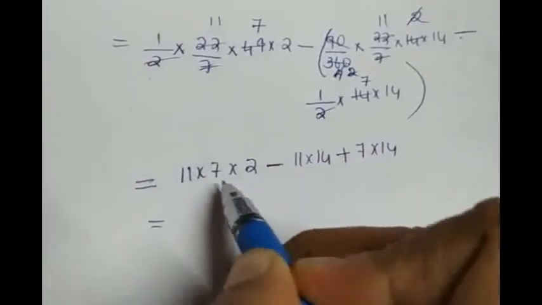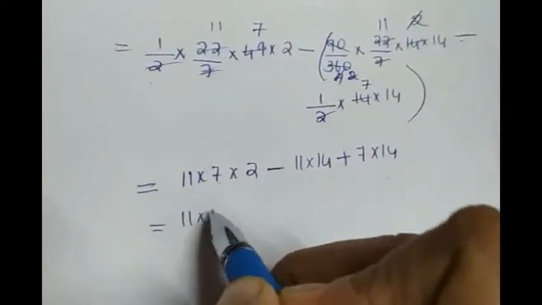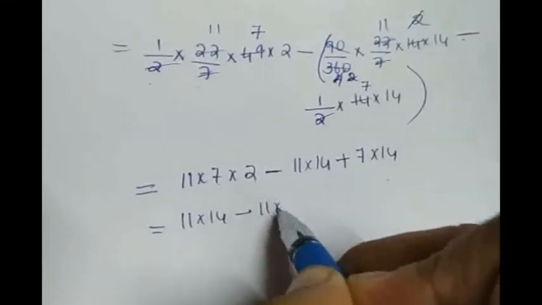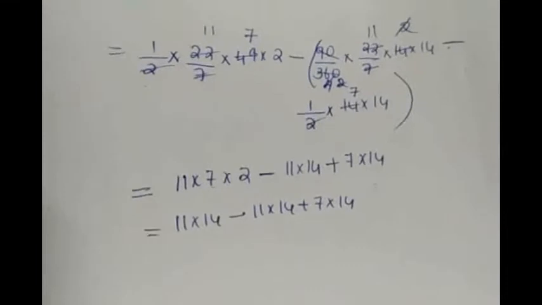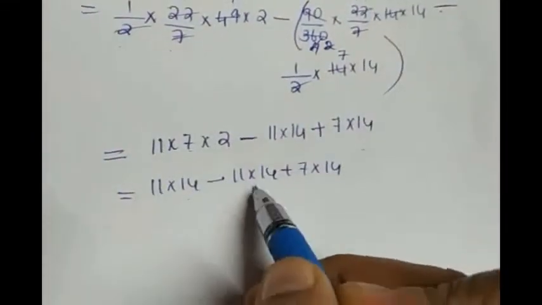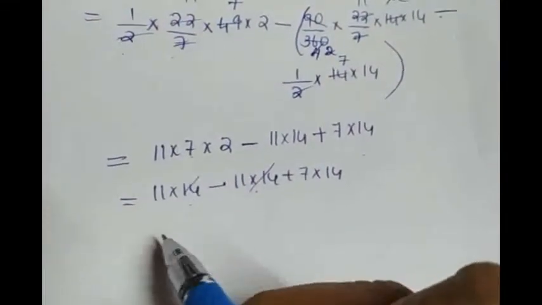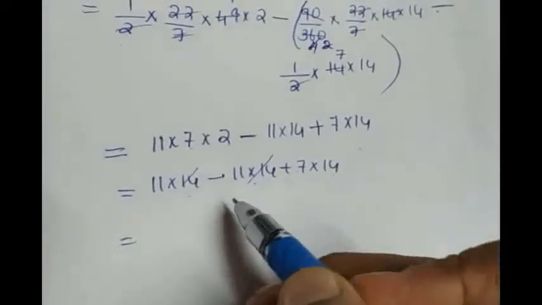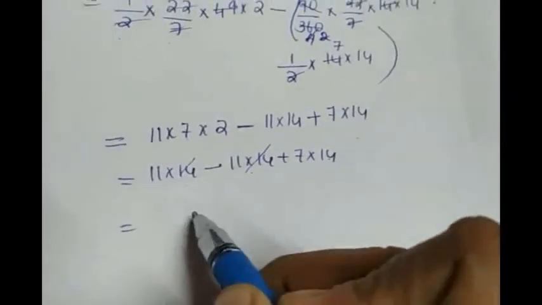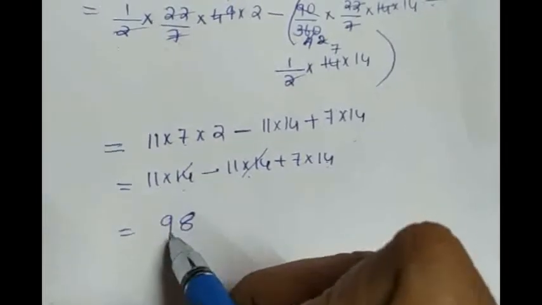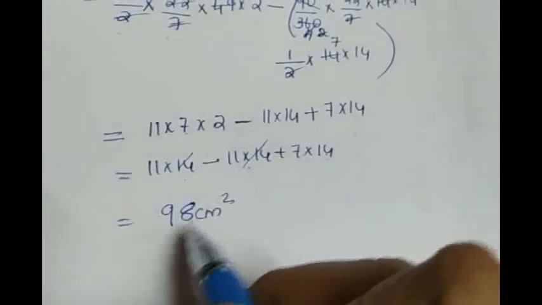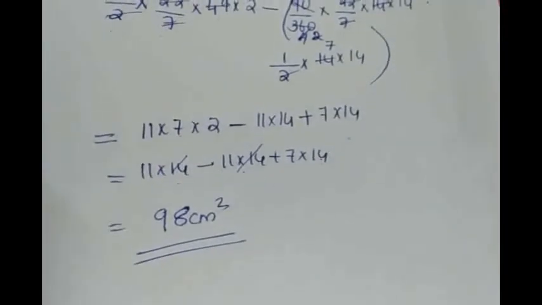Okay, so the first term 7 into 2, 11 into 14 minus 11 into 14 plus 7 into 14. So 11 into 14 minus 11 into 14 gets cancelled, giving you 7 into 14. 7 4s are 28, 7 into 1 is 7, plus 2 gives you 98. 98 centimeters square is the area of the required region.